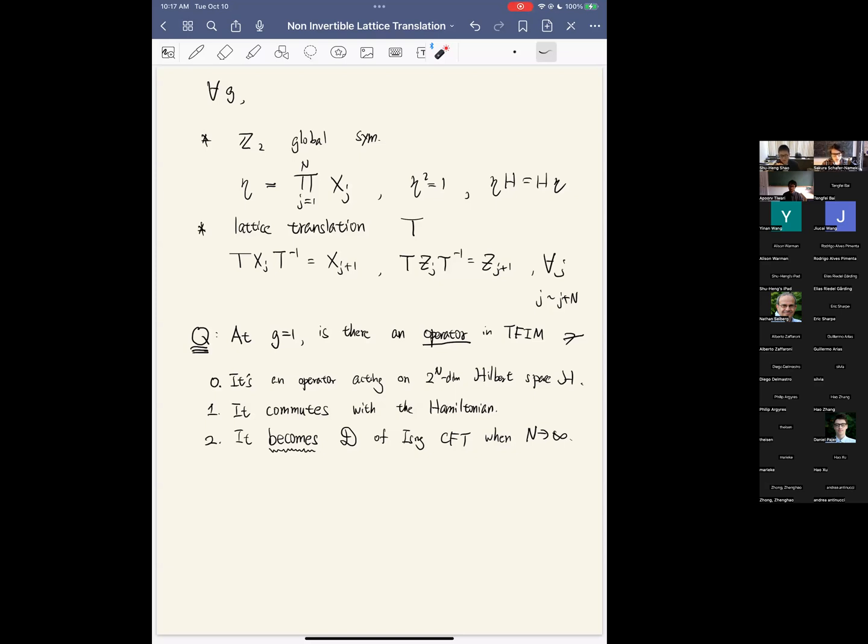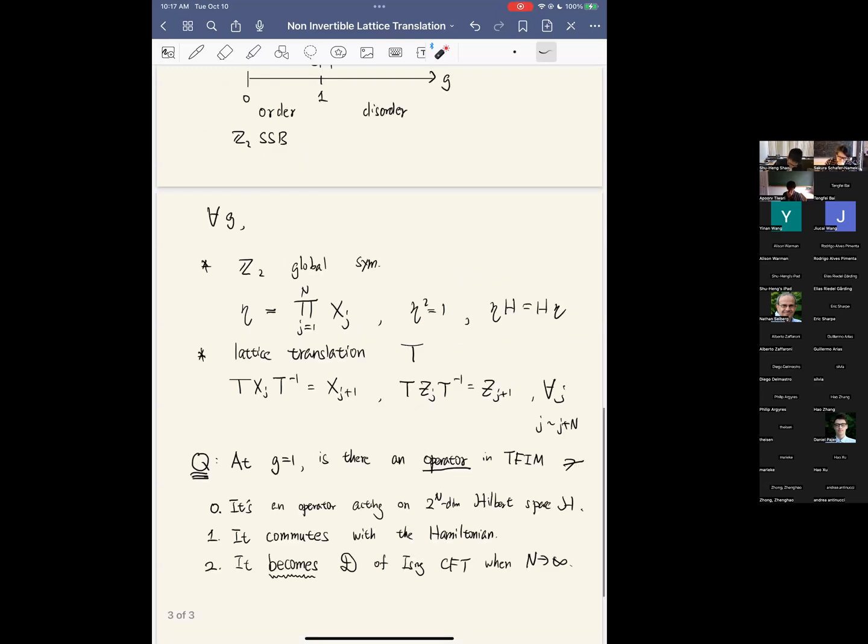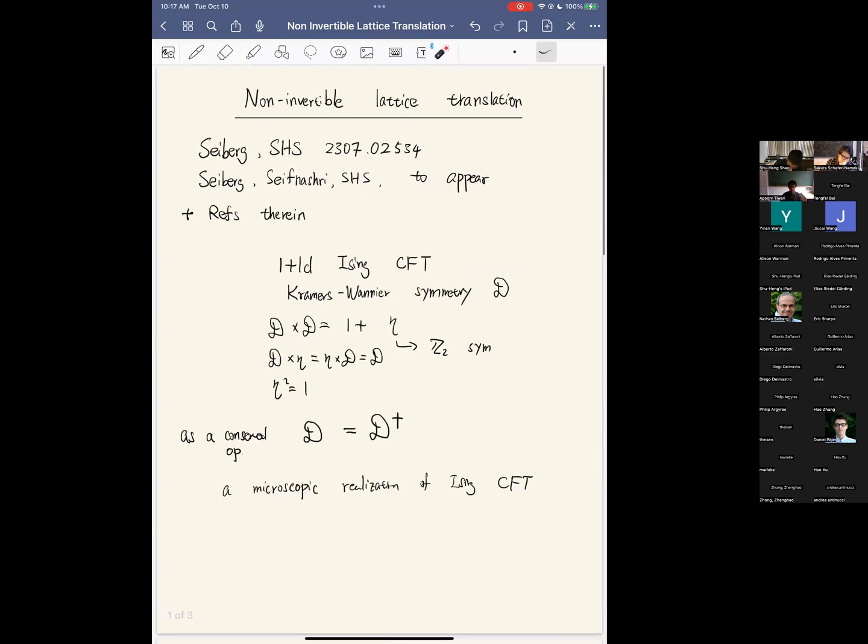So let's start with the continuum. In the continuum, you can really treat D as an operator acting on the Hilbert space, the untwisted Hilbert space, let me emphasize, to the untwisted Hilbert space. And this map has a kernel.